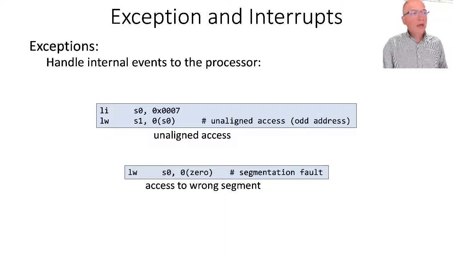Another exception could happen if I try to do a load word from the address 0. The address 0 is an address that's reserved for the operating system and cannot be accessed by a user program. So if I try to access that address, I'm going to get an exception that many of you are familiar with, that's segmentation fault.